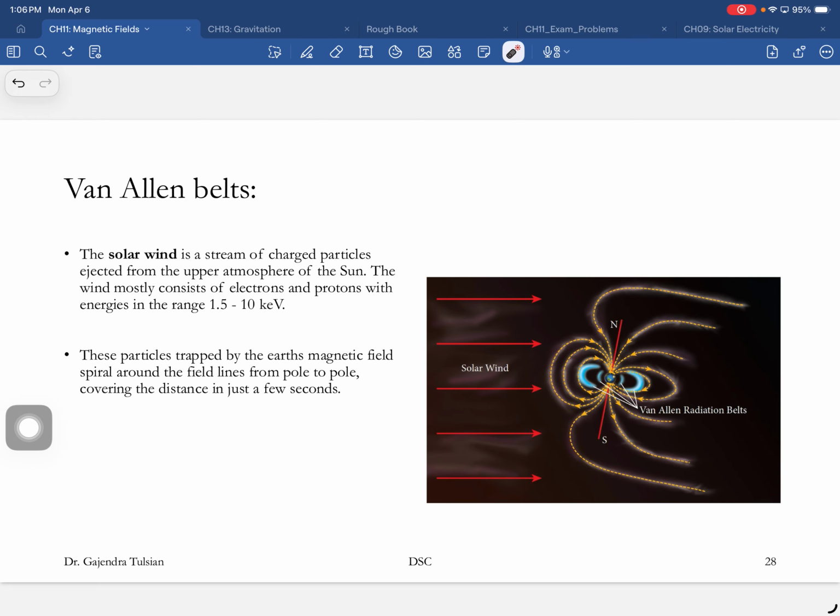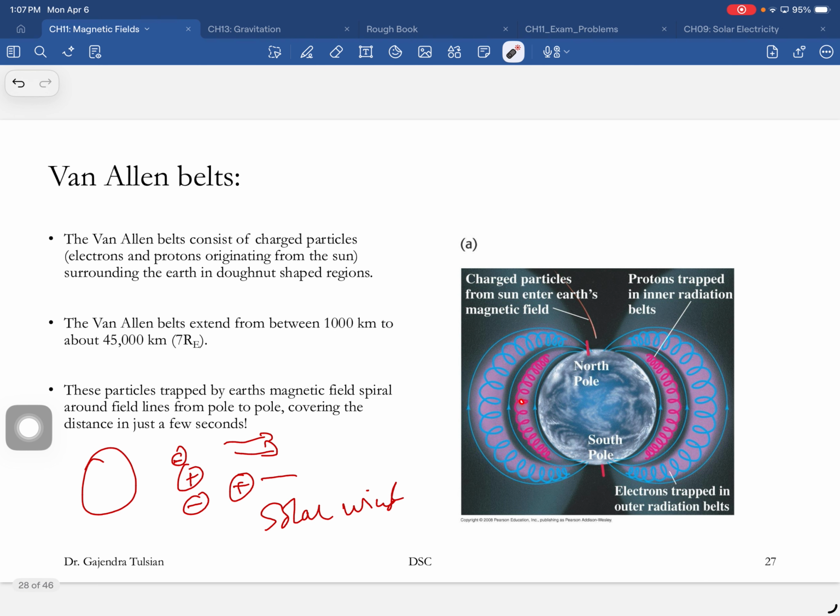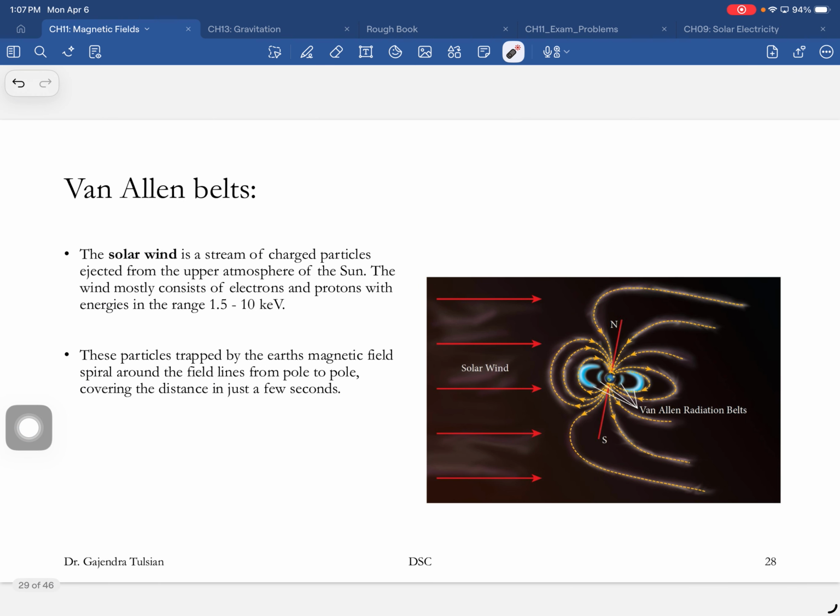So the Earth is surrounded by shells of these charged particles, and in these shells, the charged particles are going back and forth. The Van Allen belts extend between 1,000 kilometers and 45,000 kilometers. The radius of the Earth is 6,400 kilometers. So the lowest belt is about 1,000 kilometers up, and the outer extent is about 7 times the size of the Earth.